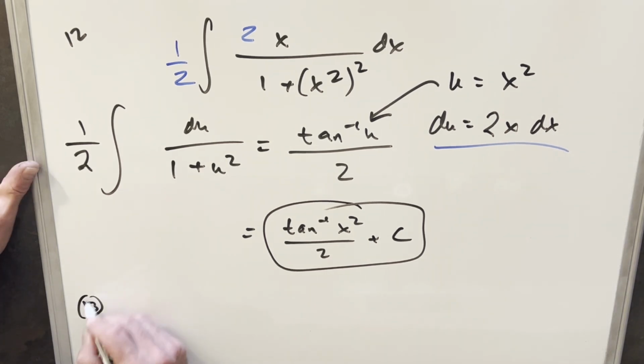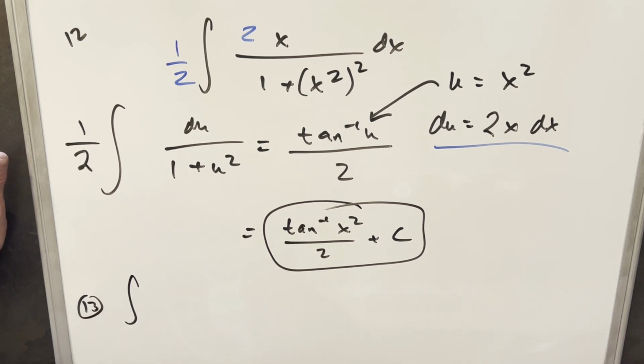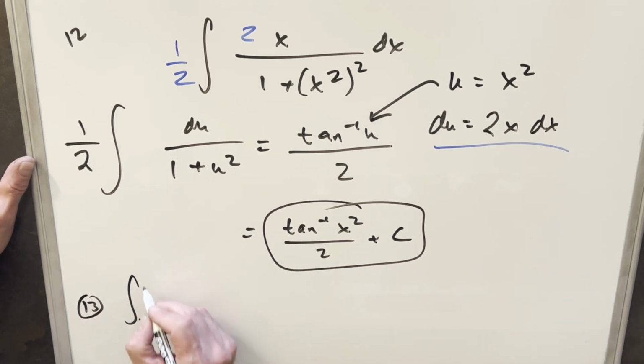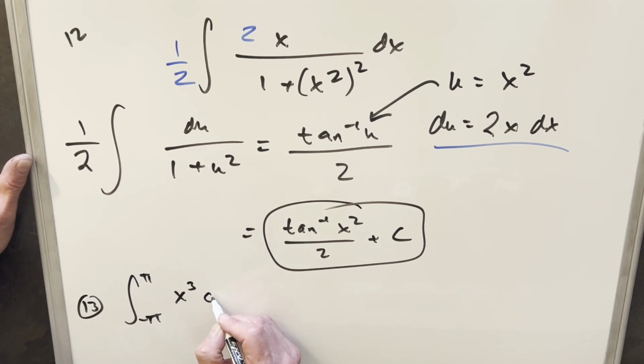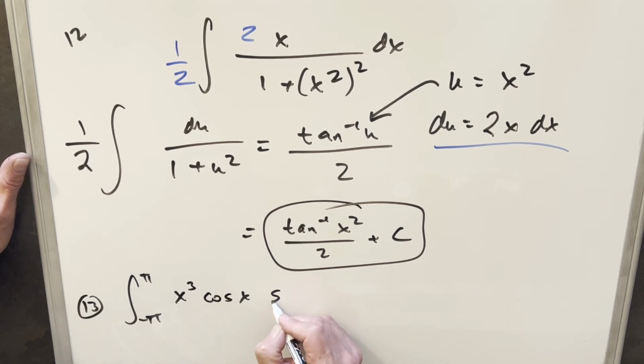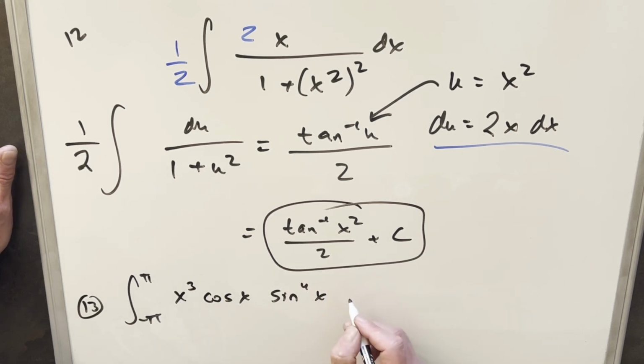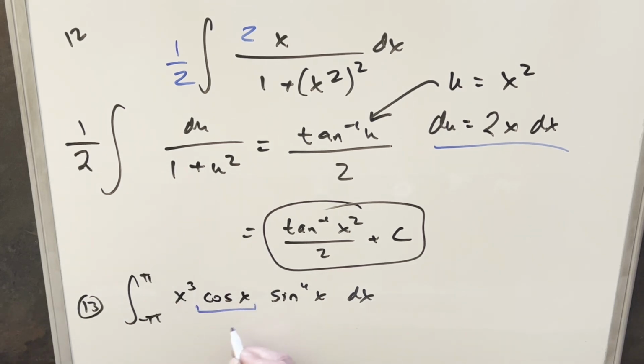Okay, so 13. This is going to be the integral from minus pi to pi of x cubed cosine x sine to the 4th x dx. What I want to do here is use odd and even functions. Cosine is even. Sine is odd, but because it's to the 4th power, this is even.